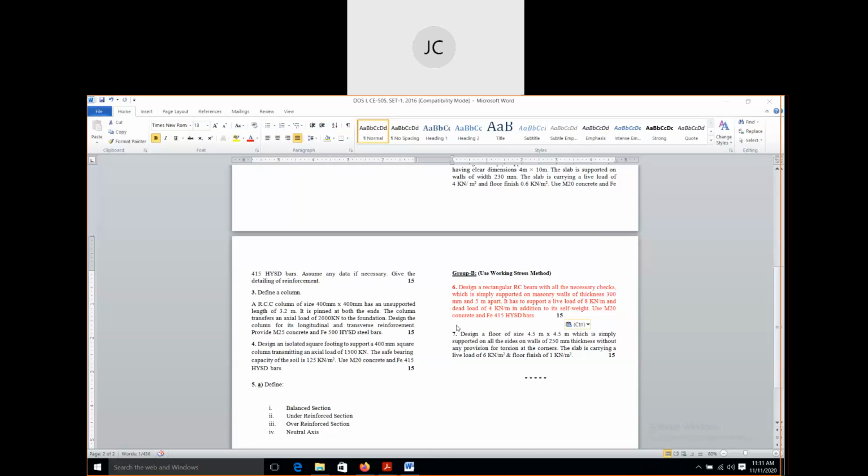So all of you try to solve it. In this question, you have to design the beam and also check it. You have to check for deflection, you have to check for shear reinforcement, and also write down the design summary of the beam. If you face any difficulty in any step, you can always ask me.